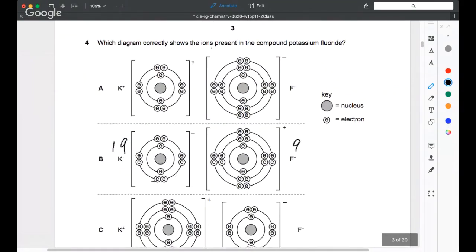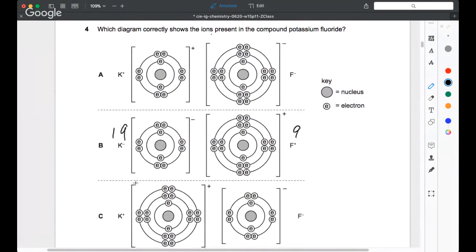So we have 2 elements here. Potassium, which has a proton number of 19, and fluorine has a proton number of 9. If they were neutral, they would have 9 electrons for fluorine and 19 electrons for potassium.